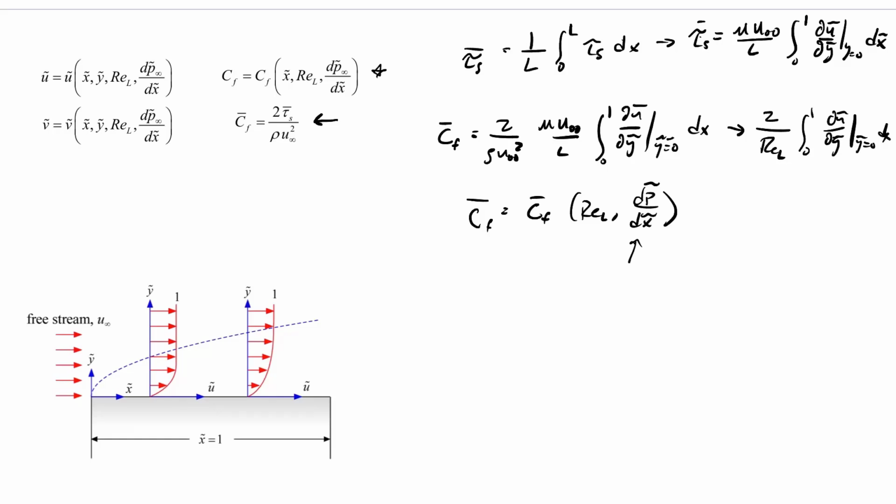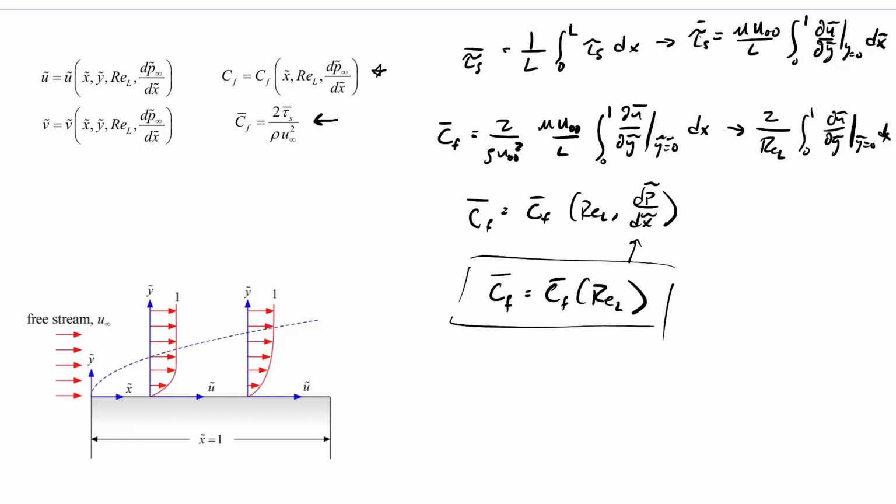So given a shape, a geometry, a type of problem, you can compute dpdx outside of the boundary layer and then give it to this correlation. It essentially acts like a parameter, which means our correlation only needs to be a function of the Reynolds number. That's the conclusion here. Again, a pretty powerful thing.